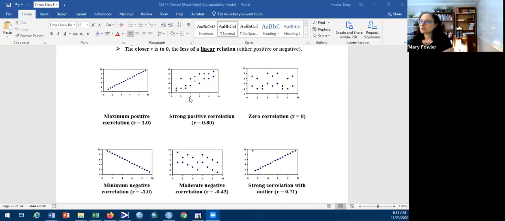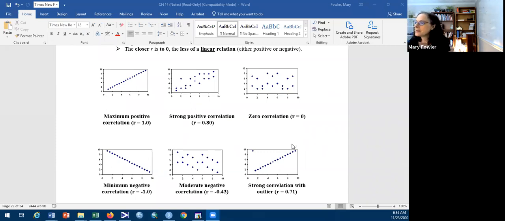We have this one, the strong positive correlation where R is equal to 0.8. We see that as X increases, Y tends to increase, but the data points are not lying on a straight line. And the moderate negative correlation, R equals -0.43. In this picture, the data is negatively correlated. As X increases, Y tends to decrease. It's more spread out than the graph right above it, which had a 0.8 linear correlation.